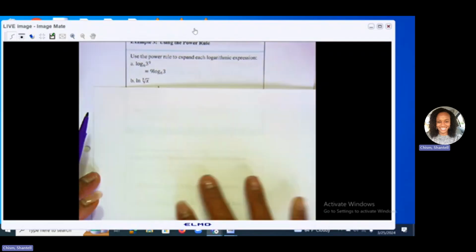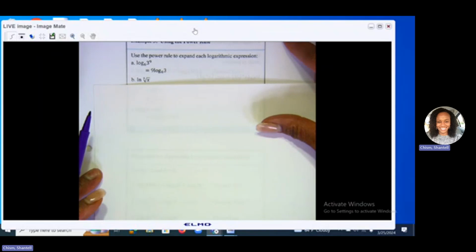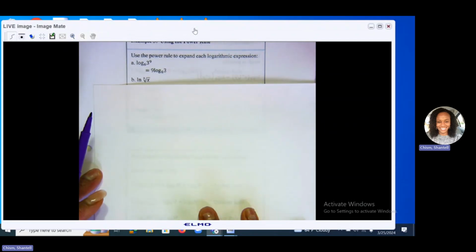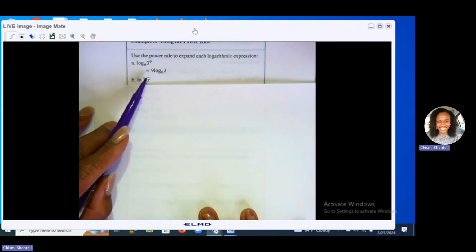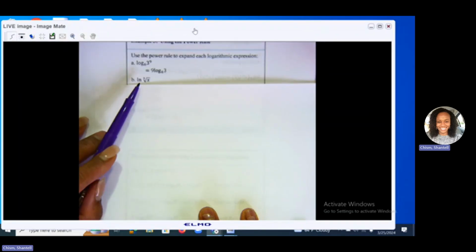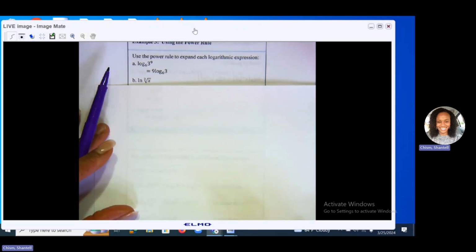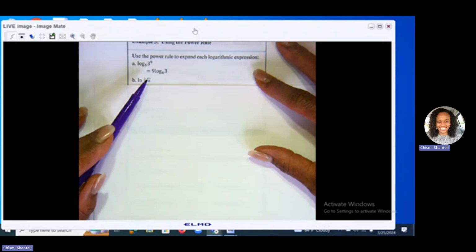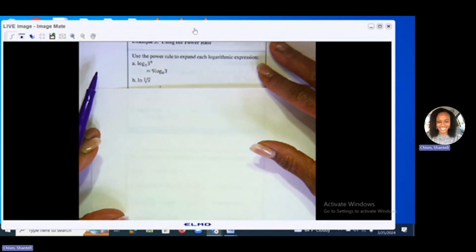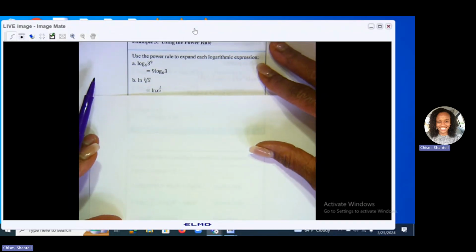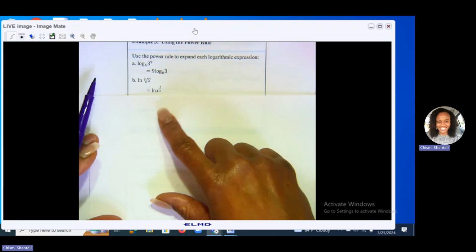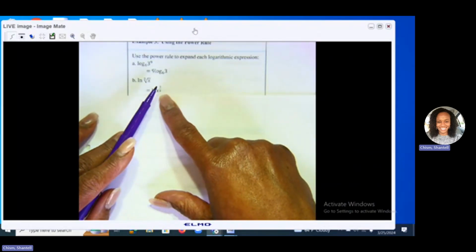Here's another one. Right now, this is written as the natural log, the ln of the cube root of x. So if you're trying to evaluate a log, you have to first get rid of this radical that's around the value. So I would first begin by expressing that cube root as a rational exponent. Okay? So that ln of the cube root of x becomes ln of x to the 1/3.